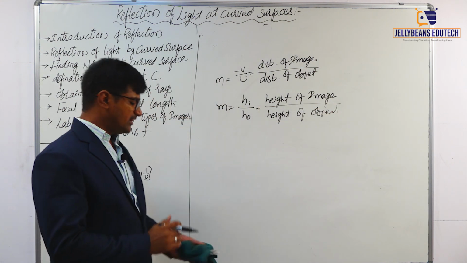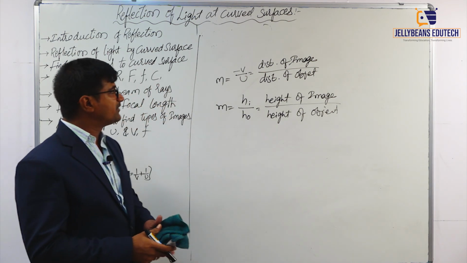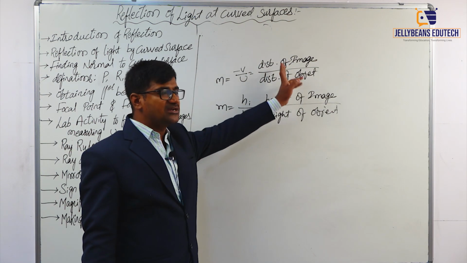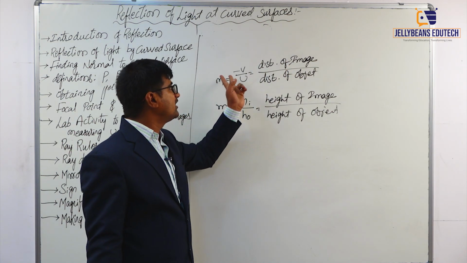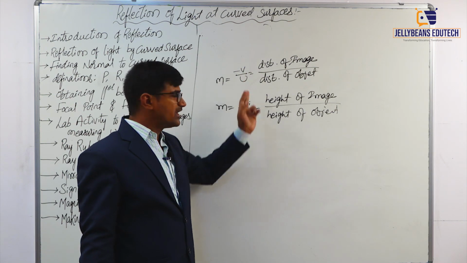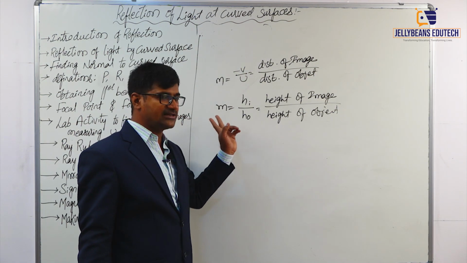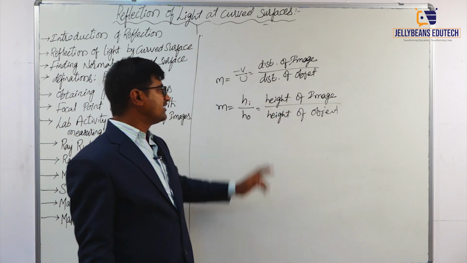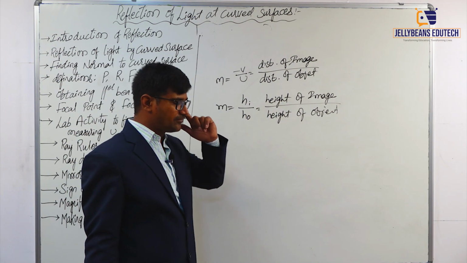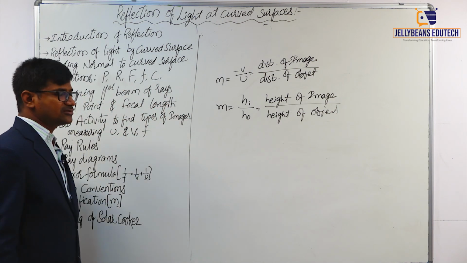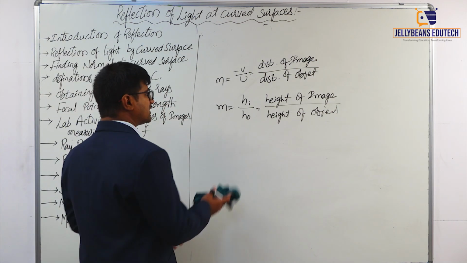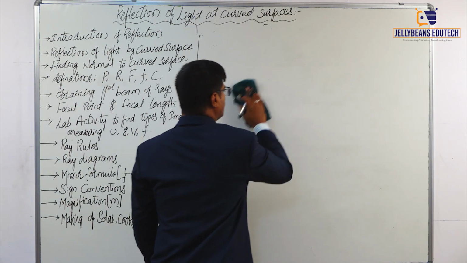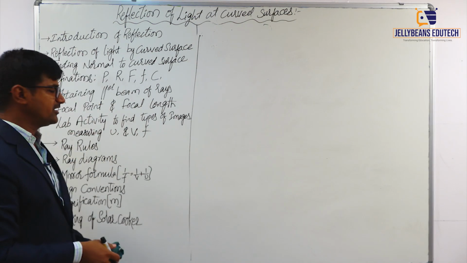So in this way we consider this formula in two different ways. In terms of distances, the formula is M = minus v by u, or in the same way for heights, hi by ho, that means the height of an image by the height of an object. So these are the two different ways of considering the magnification of an object and image.